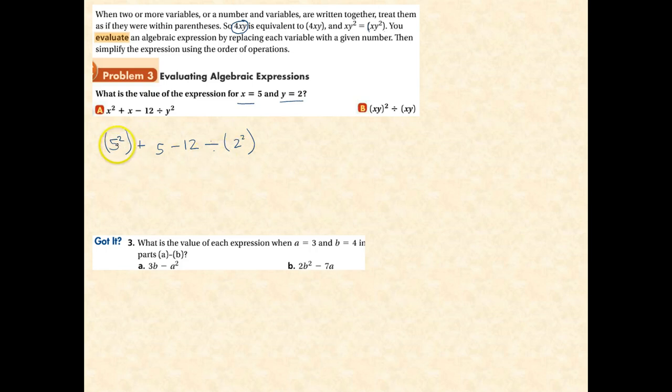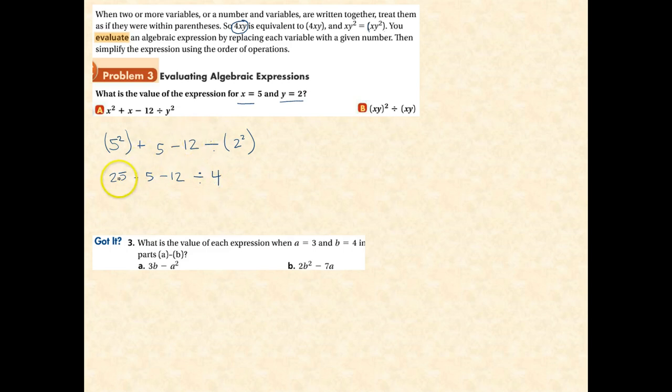Okay, I've got powers here. 5 squared is 25. Minus 12 divided by another power. 2 squared is 2 times itself twice, so that's 4.